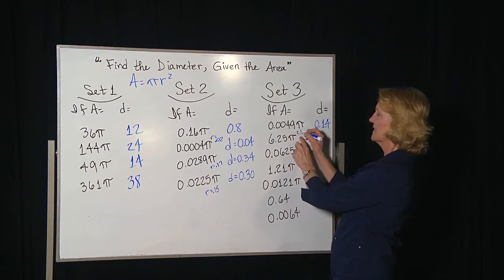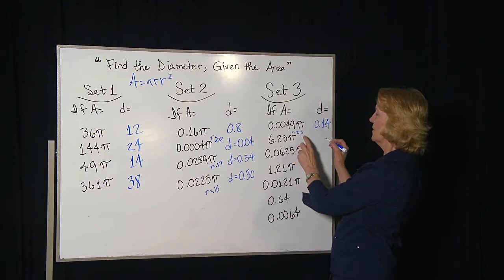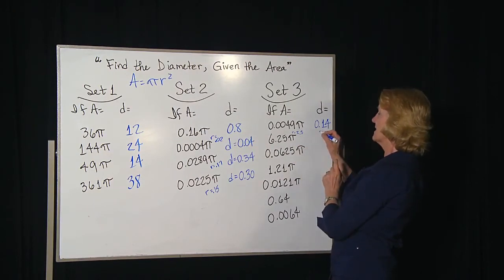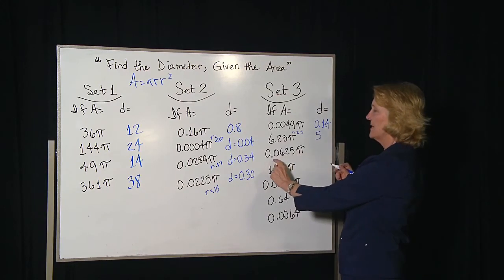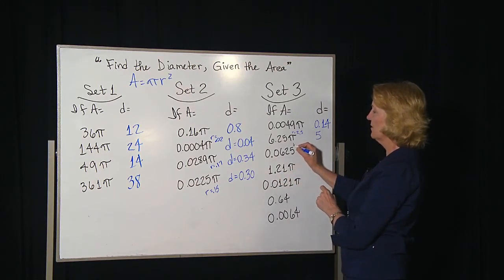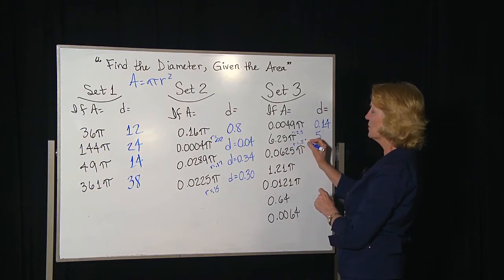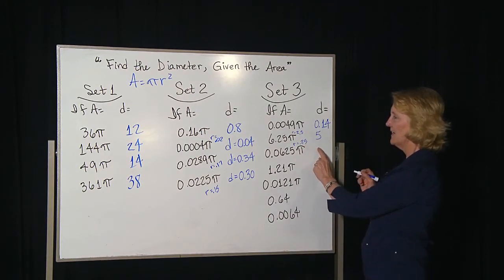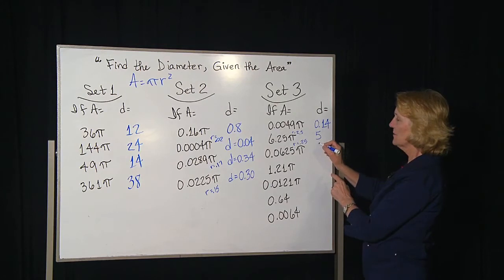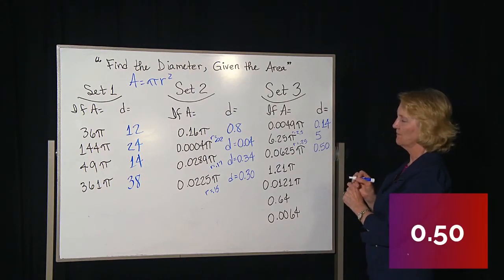That's the radius. So then if that's the radius, the diameter is 2 times 2.5. Now if I have 4 places behind the decimal, it must have been the radius was 0.25. So then if the radius is 0.25, I need to double it. So the diameter is 0.50 or 0.5.